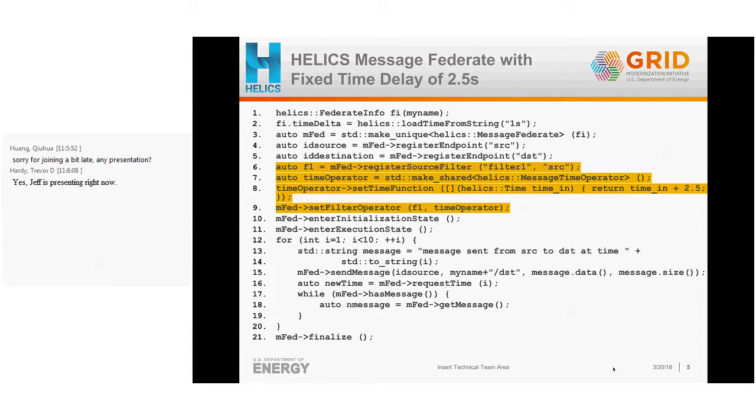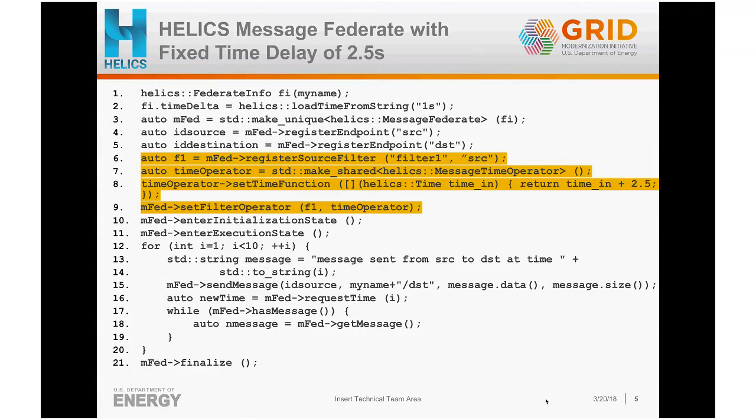The code is primarily unchanged, but if you look at the highlighted section, this is the only part that changed from the previous slide. So we're registering a source filter, and we're calling it filter 1 on the source endpoint. And what we're doing is we're creating a message time operator on line 7, which is taking a lambda function in C++ and just adding 2.5 to the original time of the message.